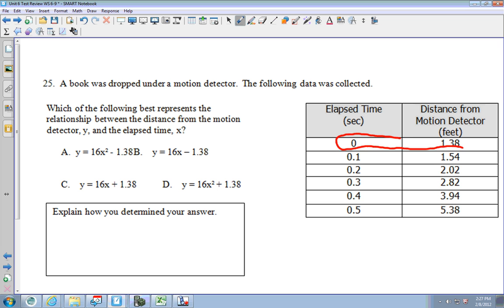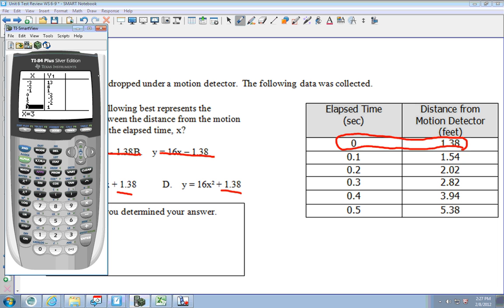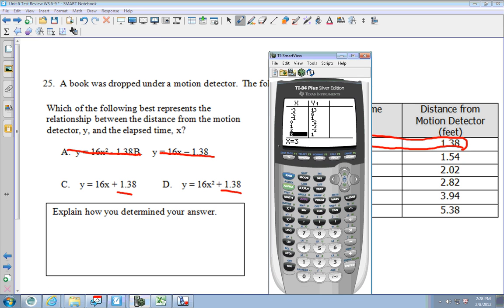This says 0 and 1.38. So I know my last number has to be positive, because right here it says -1.38. It's not going to be that one. That says plus. That says plus. That one has some kind of B. I've never seen that. So let's look at these two down here. That was just me trying to eliminate some things here.